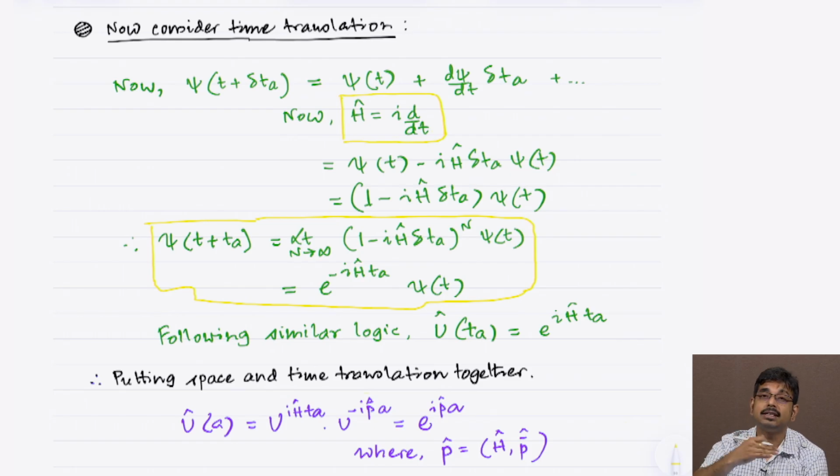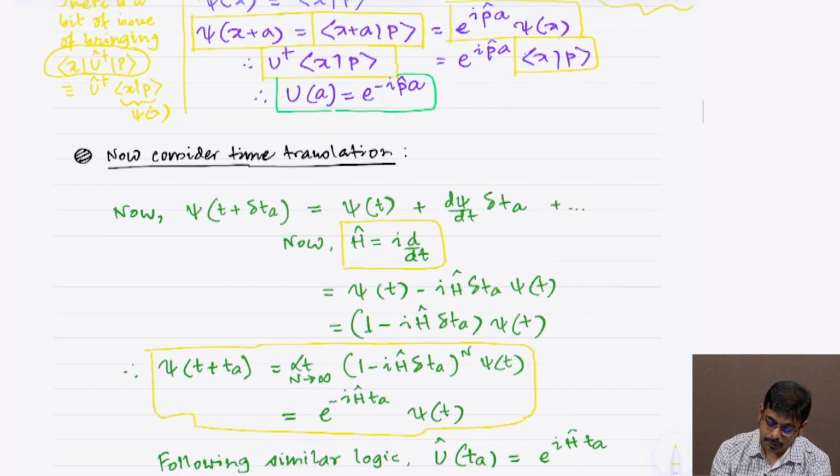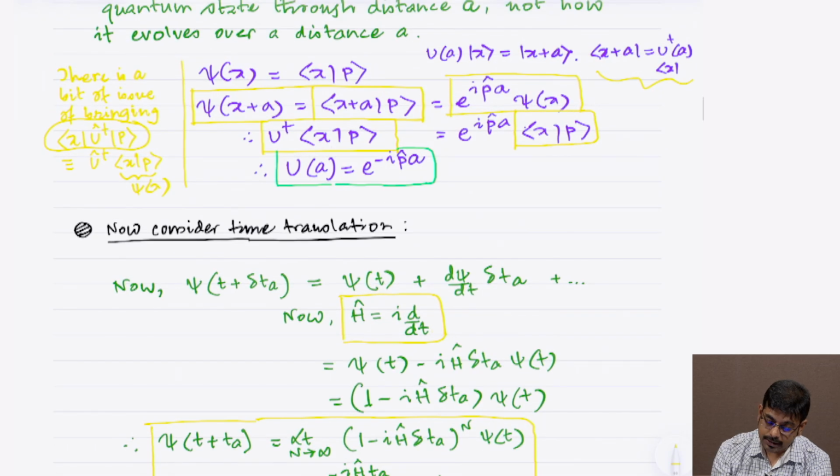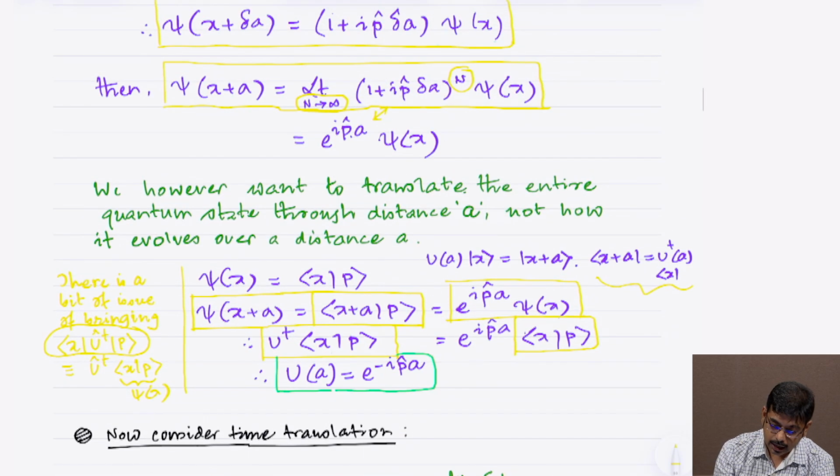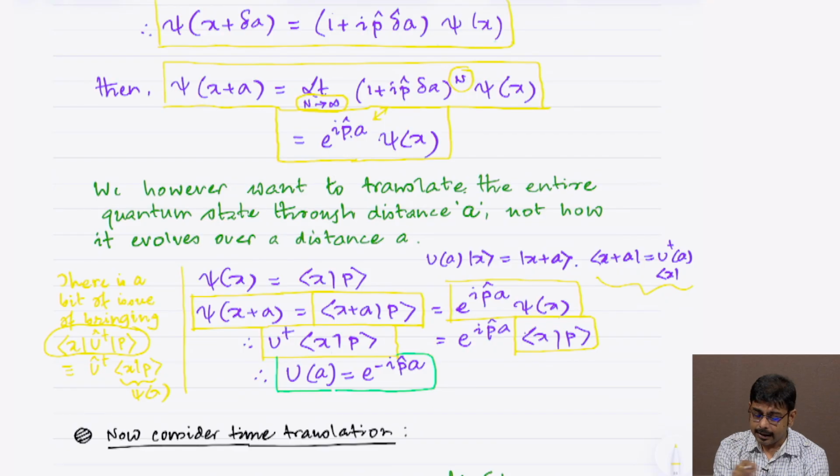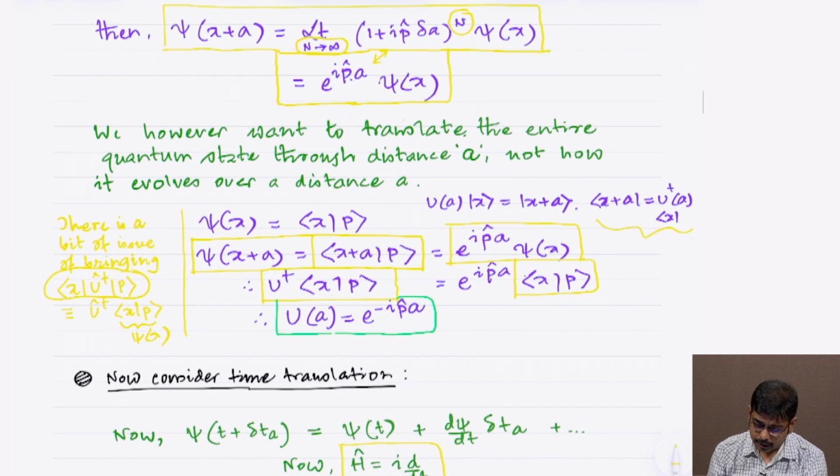And following a similar argument like the way that we did, we previously had this expression like psi of x plus a is equal to e to the power i p a psi x. So, if the operator u a takes you from position x to position x plus a, then that u a operator we found out to be e to the power minus i p a.